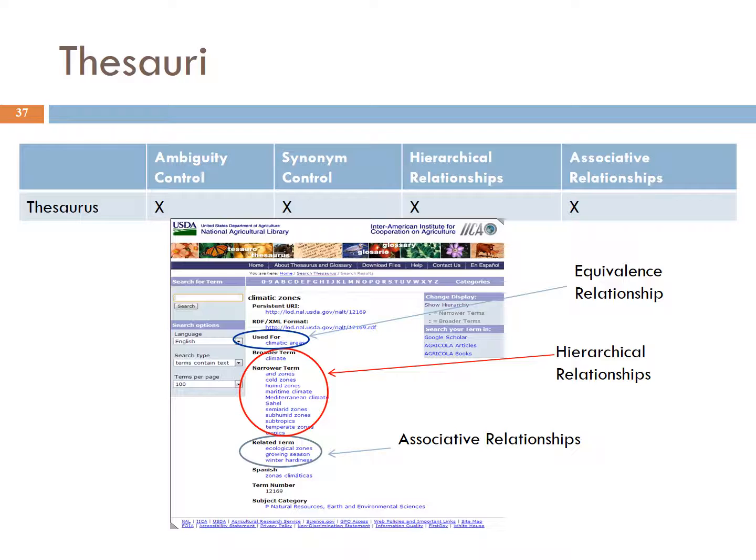Some digital collections, like the U.S. Department of Agriculture collection here on the screen, are able to fully incorporate a subject thesaurus and use these kinds of linkages for user display and really dynamic navigation. But alas, most systems today can't do this.